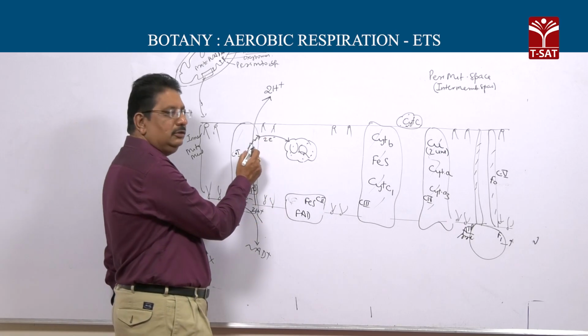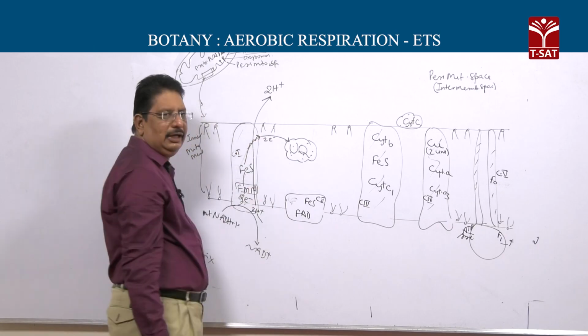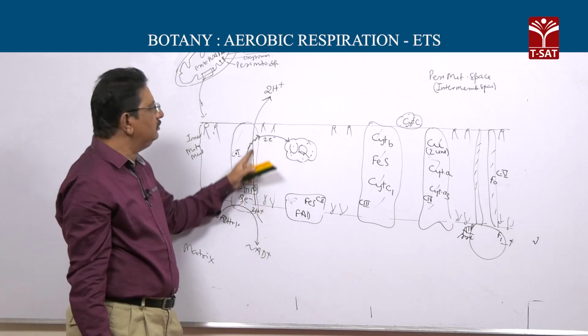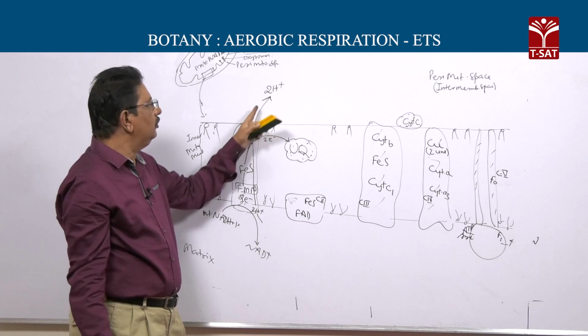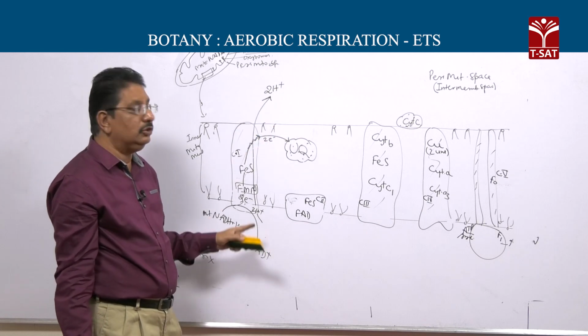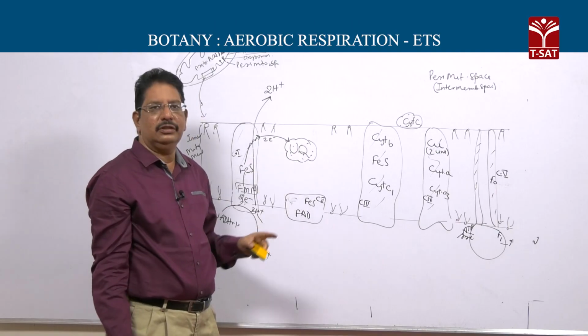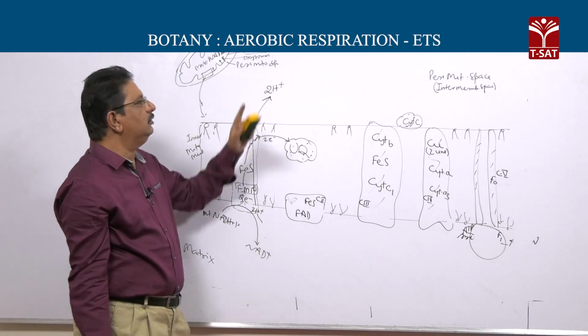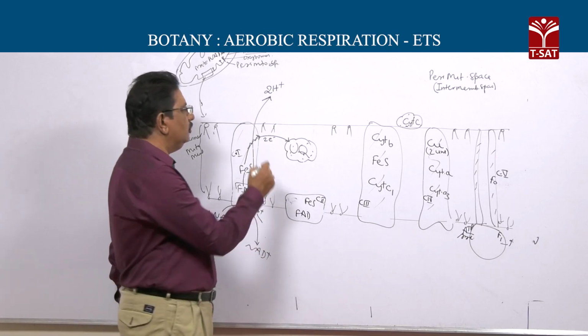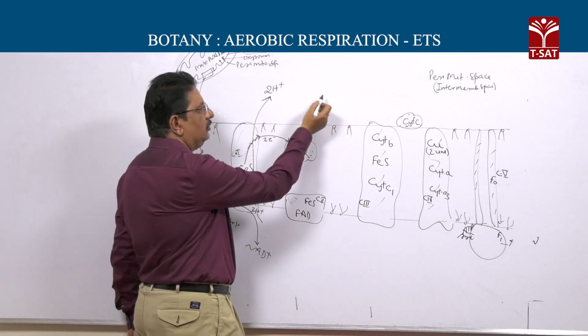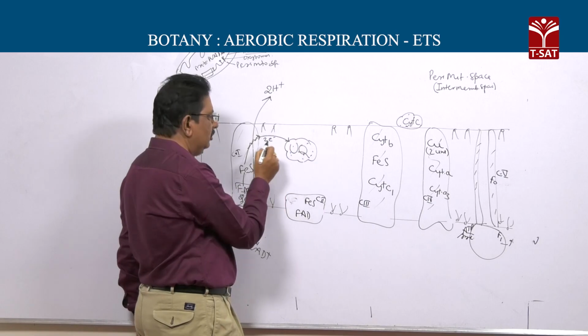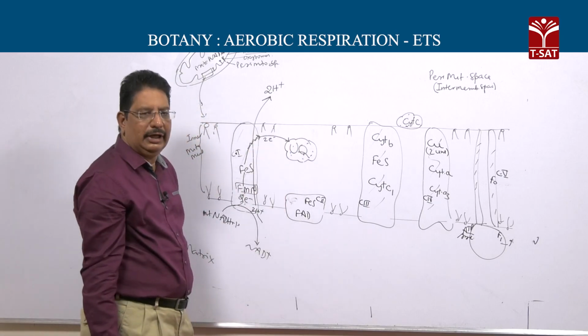So, there is a coupling: downhill electron transfer coupled with uphill proton translocation. So, it is an exergonic process. Energy is released, which is utilized for the proton pump. So, two protons are added to the intermembrane space for each pair of electrons transferred.